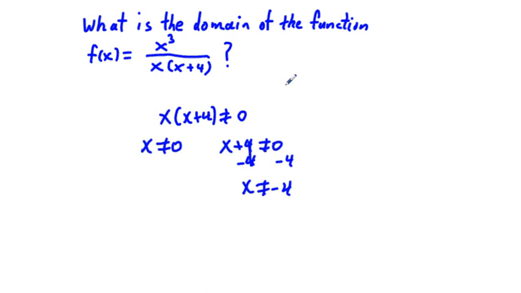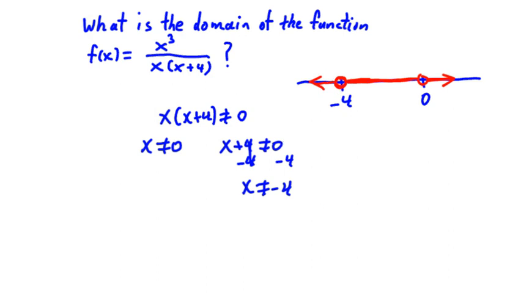And so our domain, if we wrote this on the number line, would have -4 and 0 as our critical numbers. Everything else would be defined between -4 and 0, greater than 0, and less than -4.